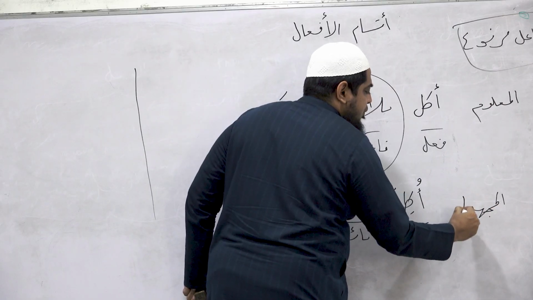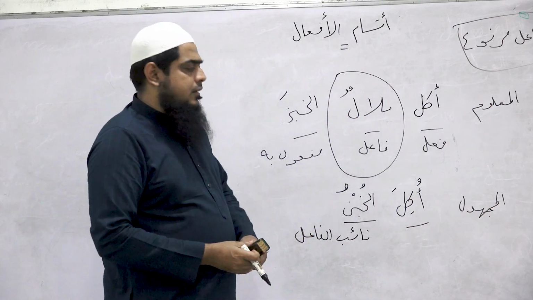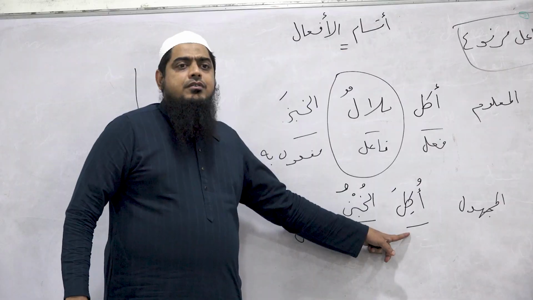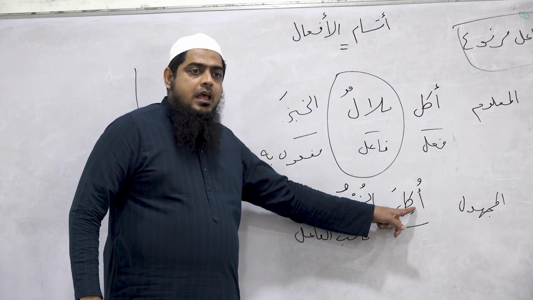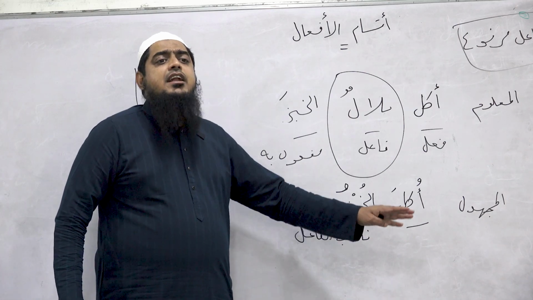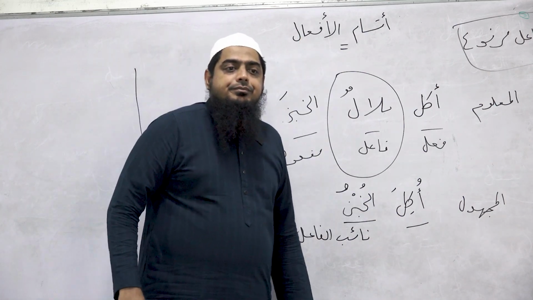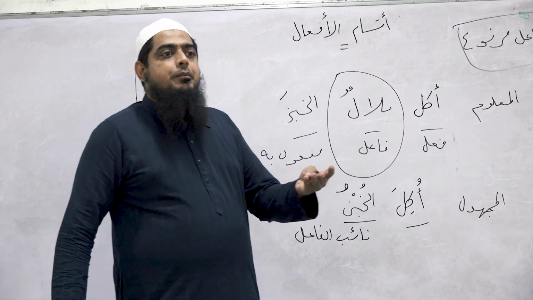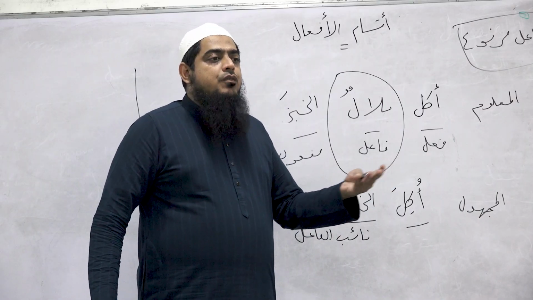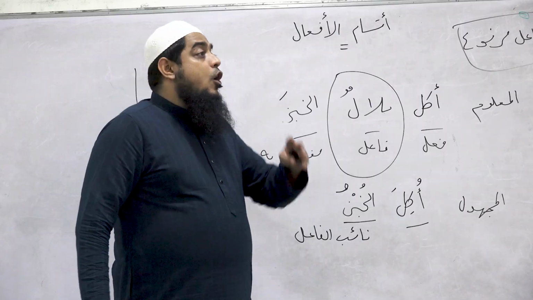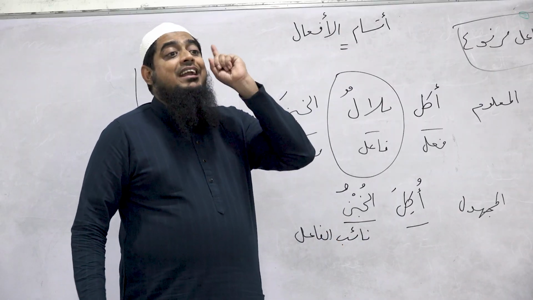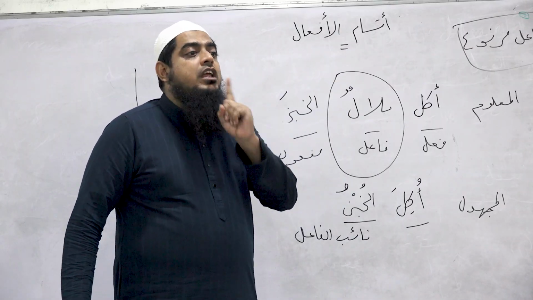To identify majhool is very simple. You will always see in majhool, in madi, the fa kalima has dhamma, the ayn kalima has kasra. This is standard for all 6 babs. You learn 6 babs, isn't it? Fa'ala yaf'alu, fa'ala yaf'ilu, fa'ala yaf'ulu, fa'ila yaf'alu. But all these 6 babs, when it comes to majhool, they will have only one face.